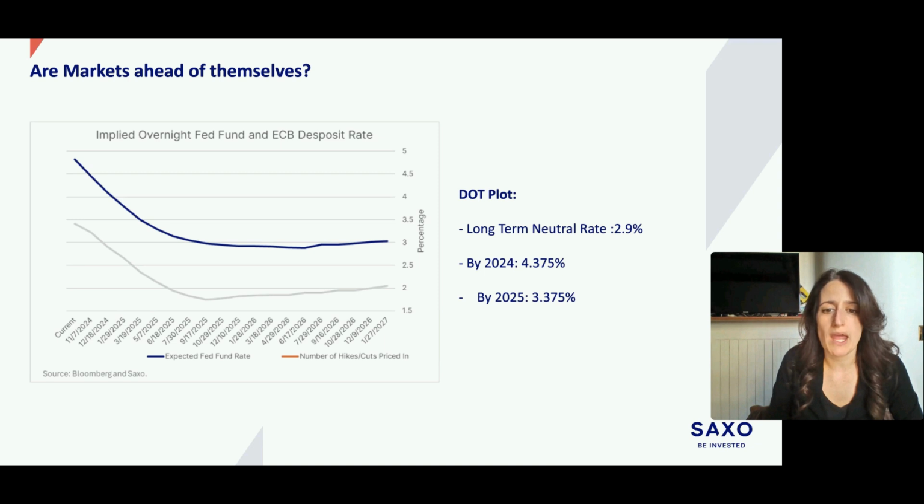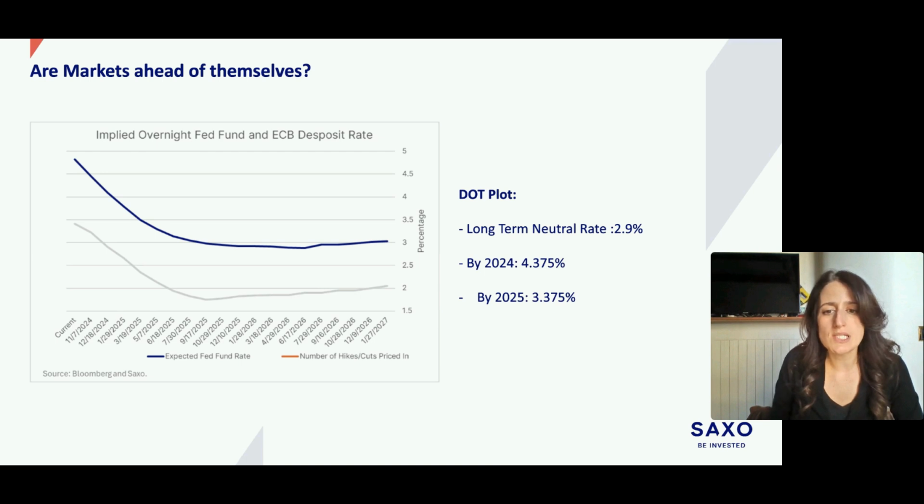And the Fed expects to cut down to 3.4% by 2025, while market thinks that the Fed would cut down to 3%.